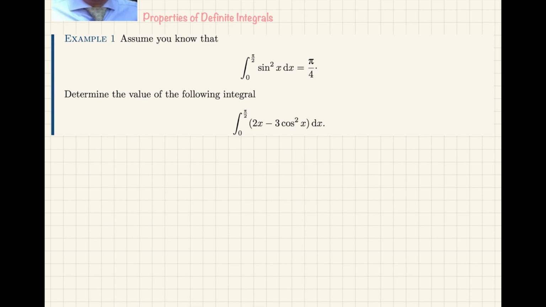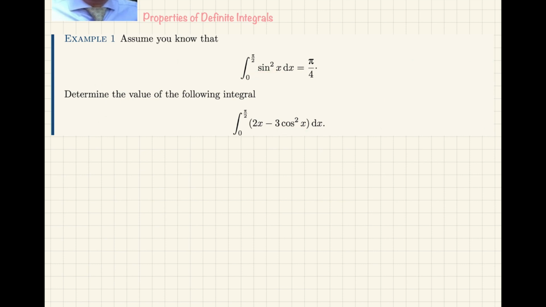I want to find, this part is easy because 2x, everyone knows how to find the primitive function for that part. The primitive function for cosine squared is a little bit technical, even though you should be able to do it. But what is the connection between cosine squared and sine squared?